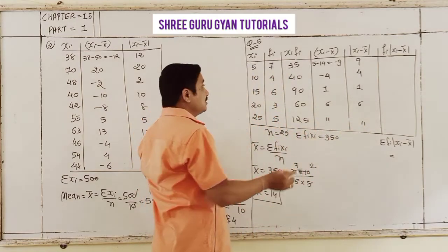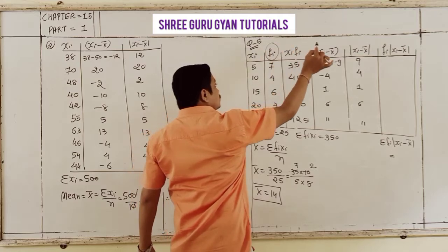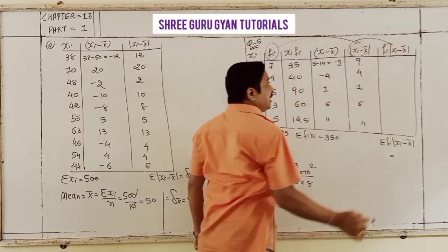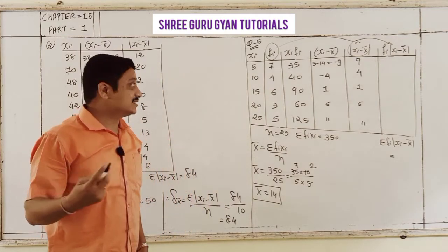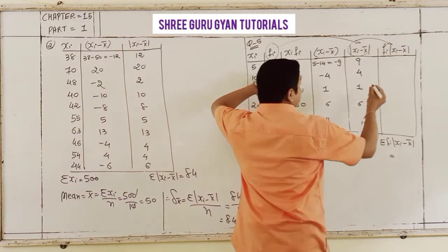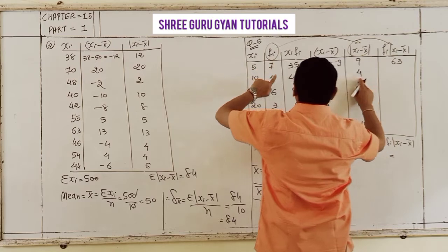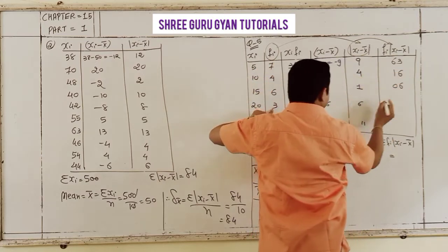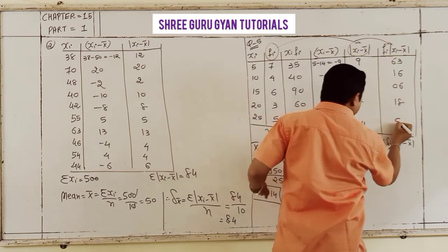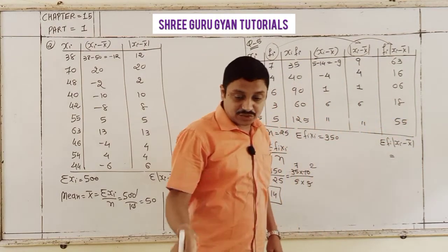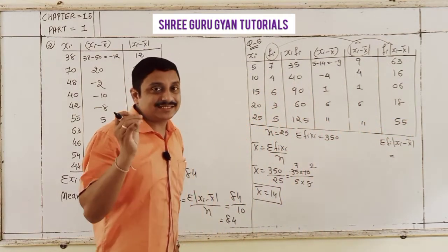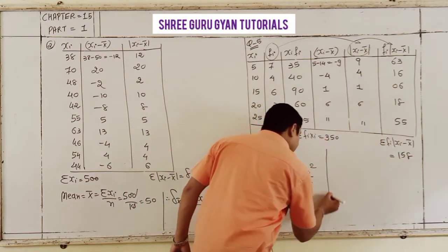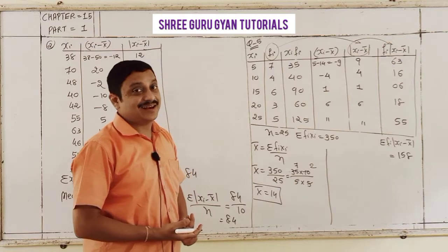Now multiply by the frequency, both as a product, and then you will get the last answer. So 9 7s are 63, next 4 4s are 16, 6 1s are 6, 6 3s are 18, and 11 5s are 55. Here, students, the total addition is 158.